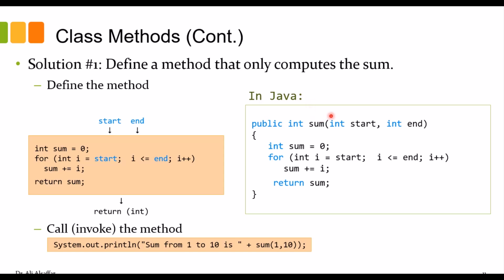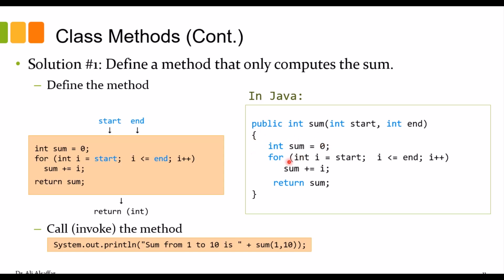So you write the name, you open round brackets, and you put the parameters, comma, one after the other. So we have two input parameters as integers. We just simply define them in the header. Here, you cannot define two variables in one in the parameters. You cannot say integer start, comma, end. You have to define each input separately from the others.